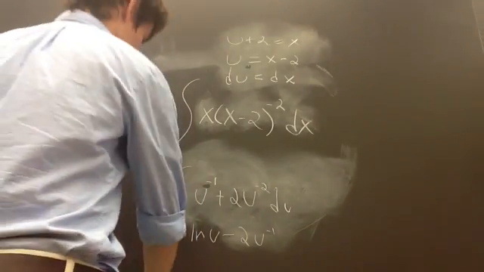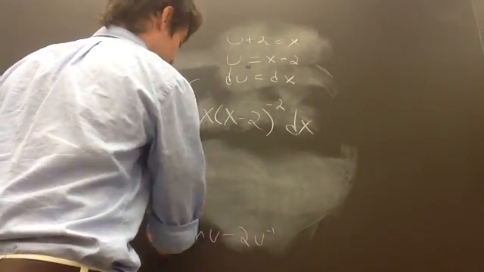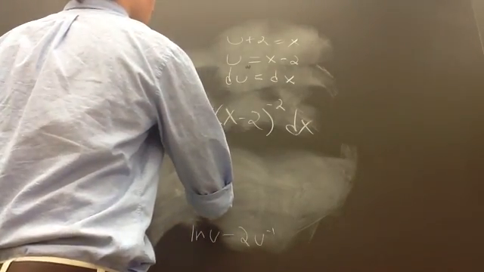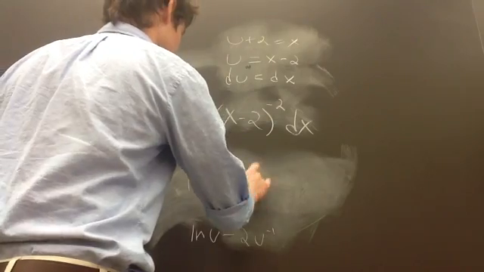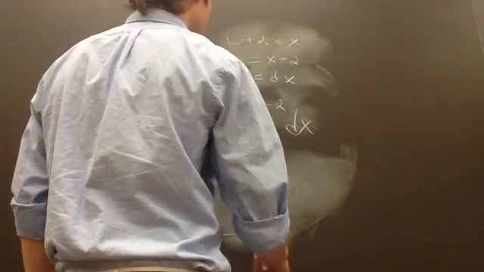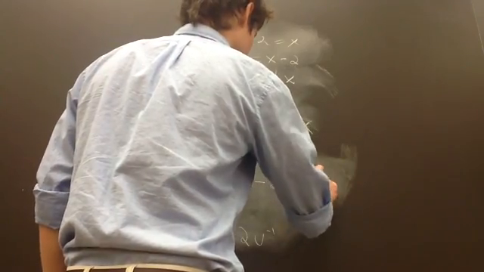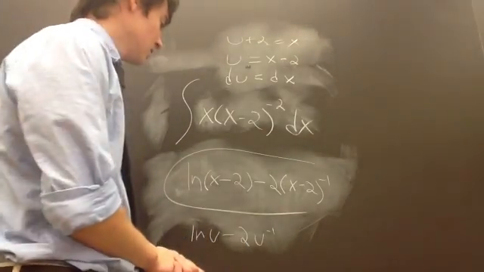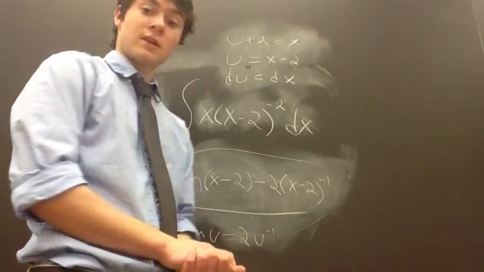Now substitute back in for u. ln of u is ln of (x minus 2) minus 2 times u, which is (x minus 2) to the minus 1. And there is your final integral, and that is U-substitution.